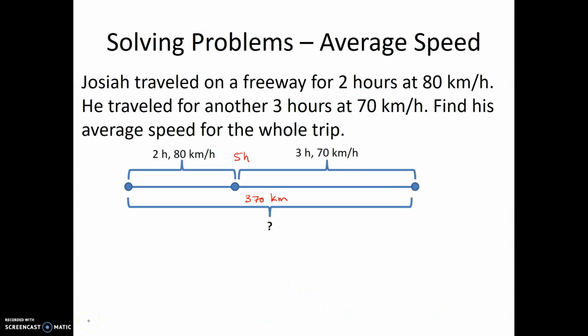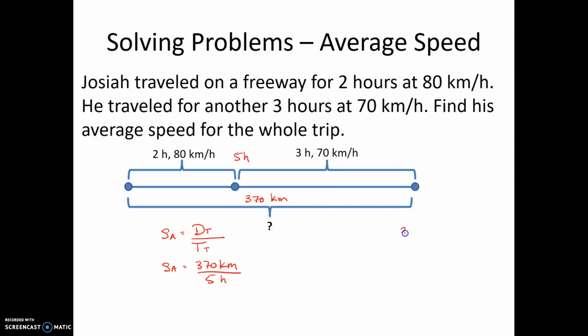Okay, now that we know our total distance and our total time, we can find our average speed. S subscript A stands for average speed, so it's going to be d total over time total, which is 370 kilometers over 5 hours.